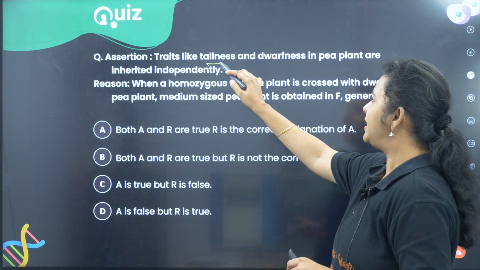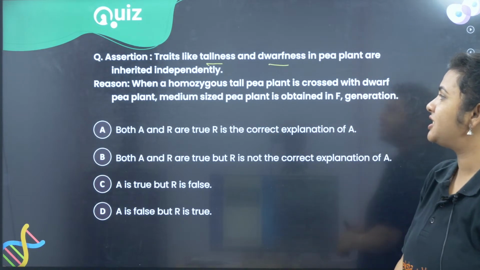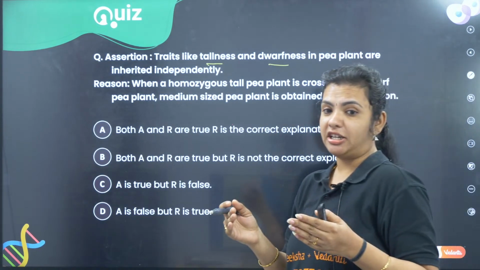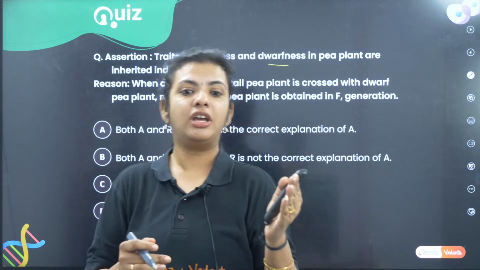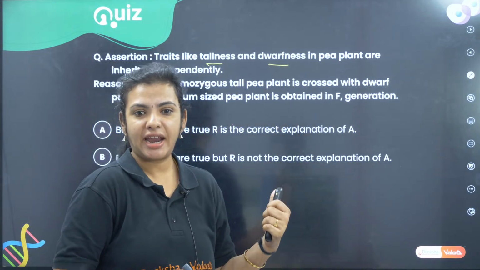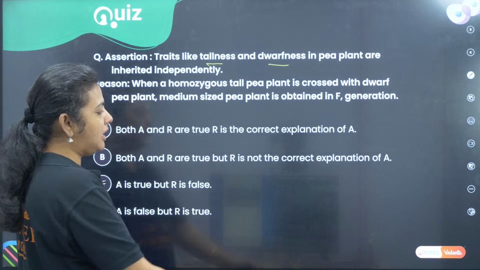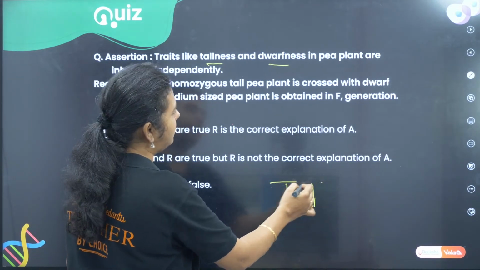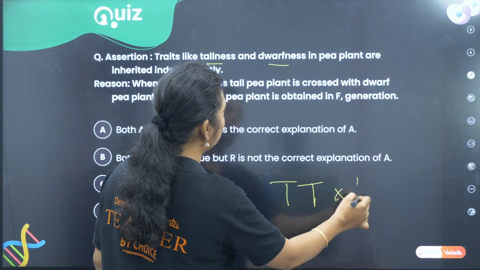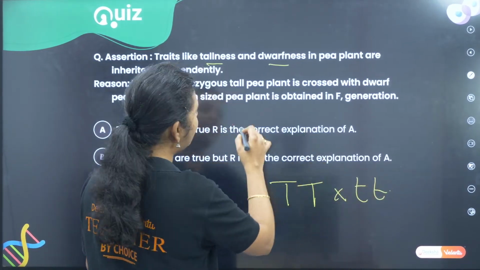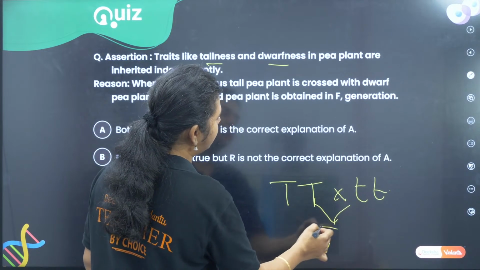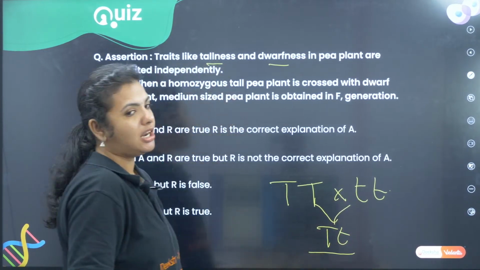We have traits like tallness and dwarfness which are inherited independently. Look at Mendel's law of inheritance. And the reason is saying when a homozygous tall pea plant is crossed with a dwarf pea plant, medium-sized plants are obtained. This is what the reason says.